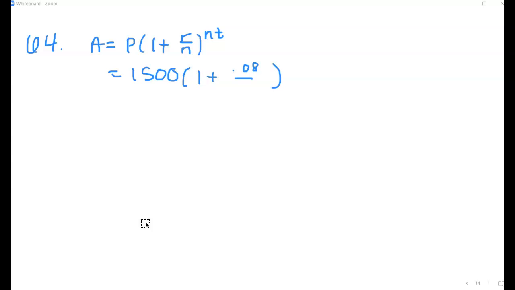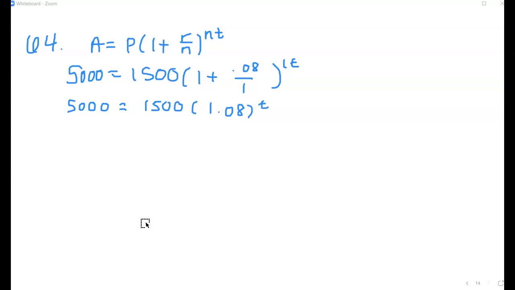So if it's compounded annually, that's 1. So this becomes 1 to the t as well. Then we're looking to find when A is 5,000. So you have 5,000 equals 1,500 times 1.08 to the t power.